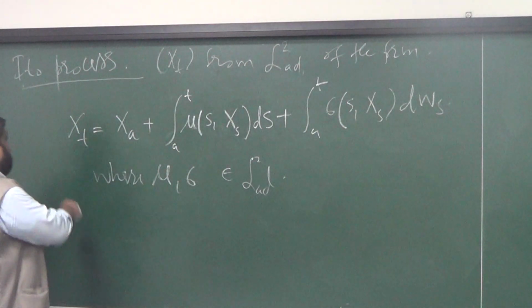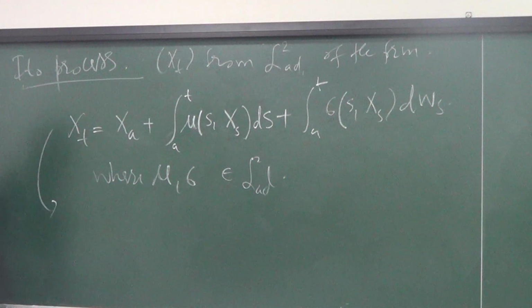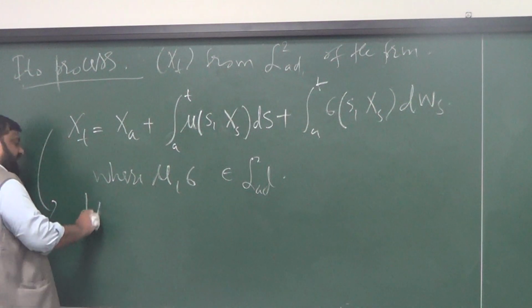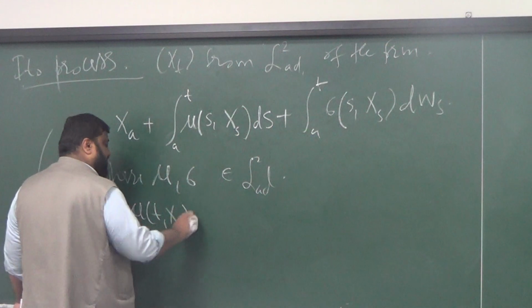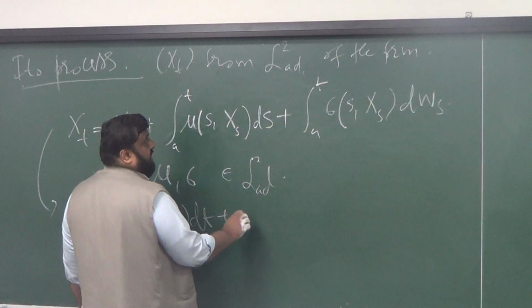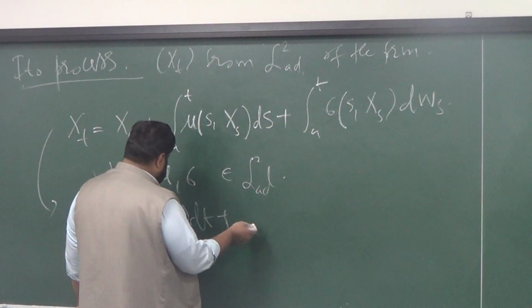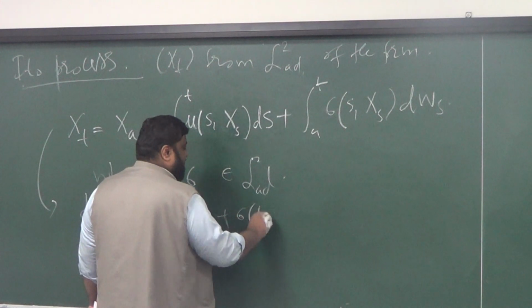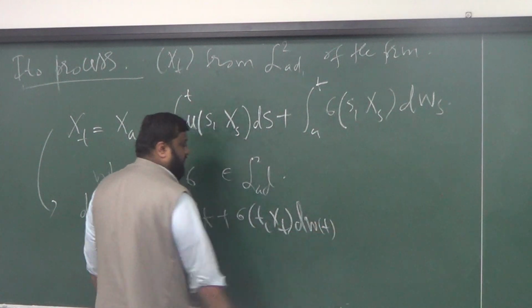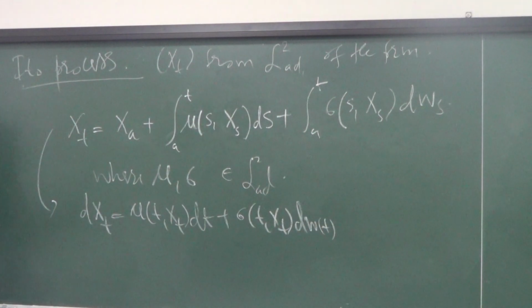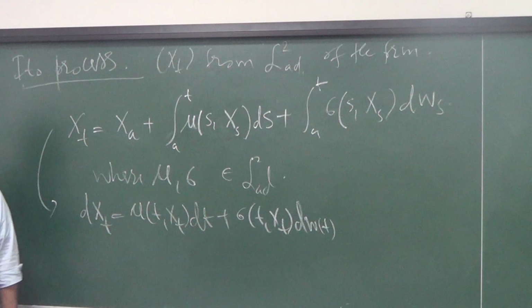And if you're going to write it in differential form, you're going to say dX_t satisfies this differential equation: mu dt plus sigma dW_t. So any process of this form, you're going to call an Ito process.